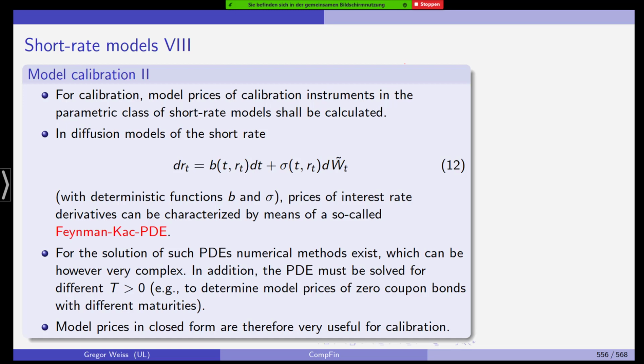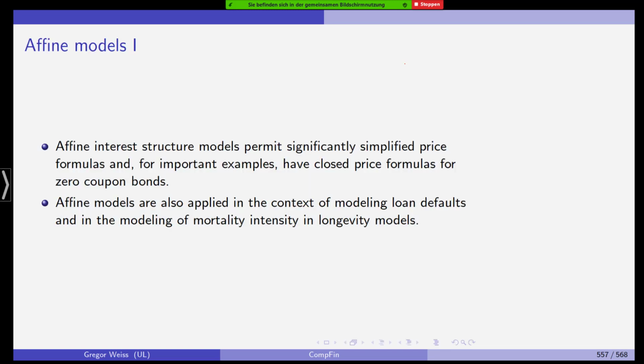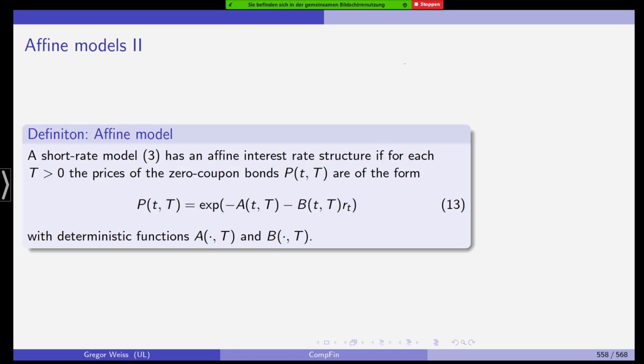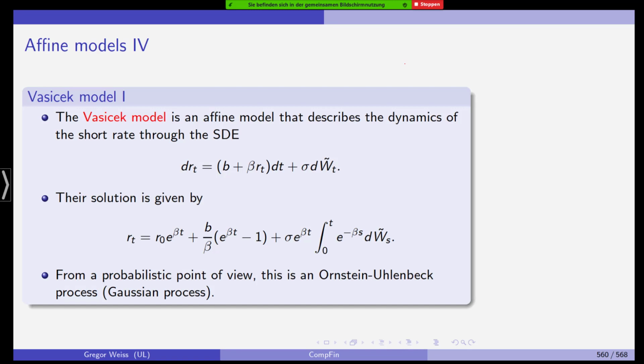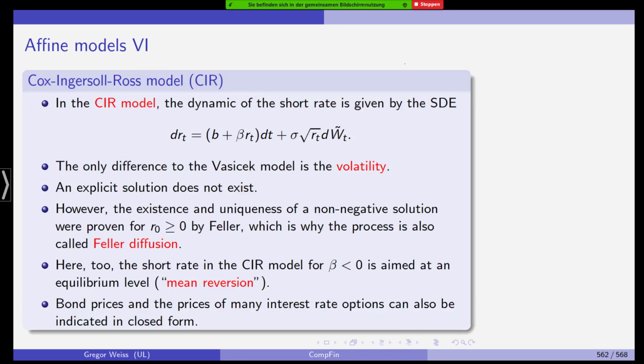It leads to a so-called Feynman-Kac partial differential equation. This is where it gets rather complicated from a mathematical point of view. We also have affine models, again for the zero coupon bonds. Actually, we have to solve a Riccati differential equation. Again, the Vasicek model, and so on and so on.